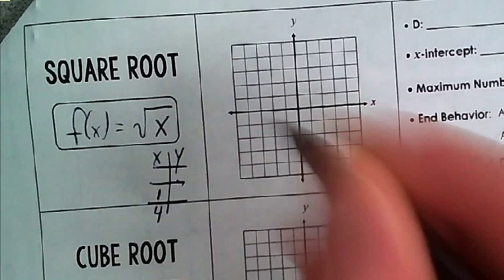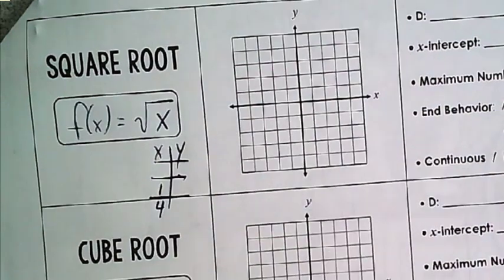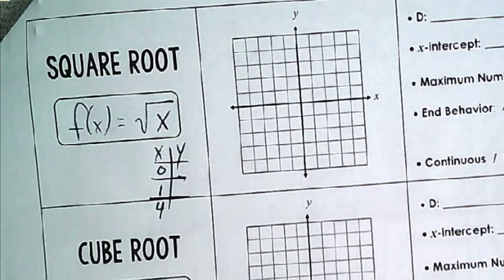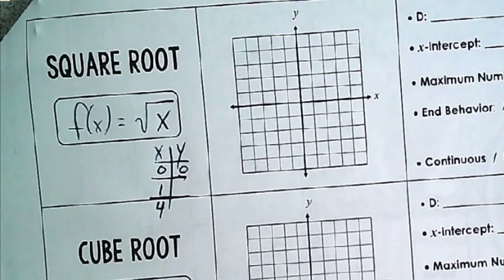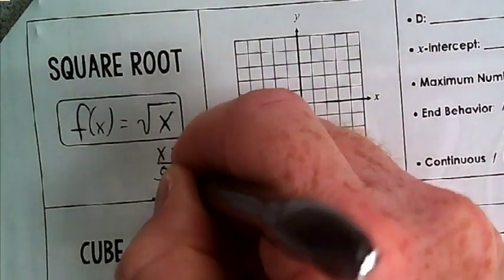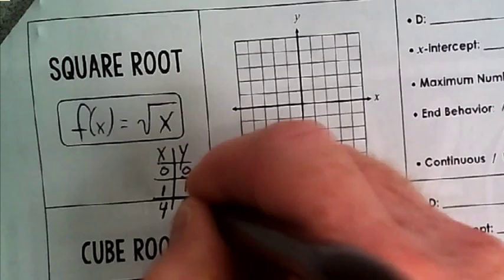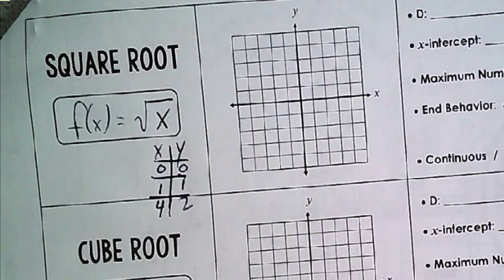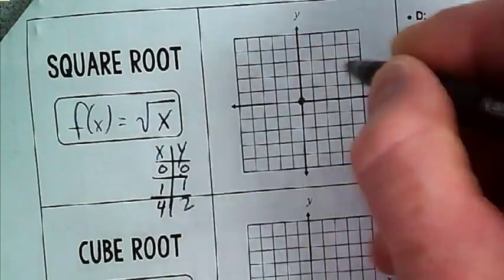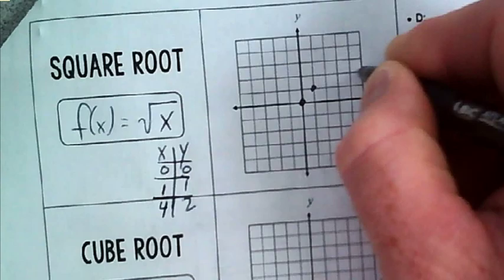What's lower than 1 but you can still take the square root of it and it's not negative? 0. So the square root of 0 is 0. The square root of 1 is 1. And the square root of 4 is 2. So when I graph this, I'm going to have (0, 0), (1, 1), and (4, 2).